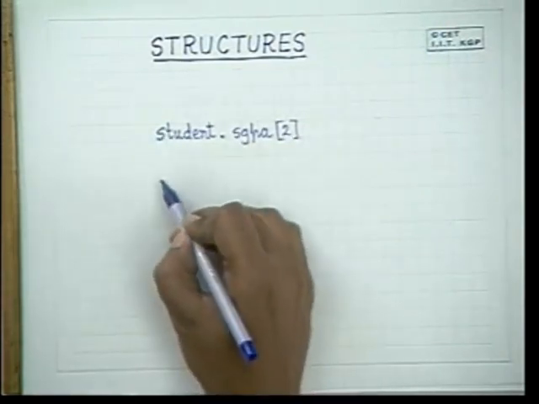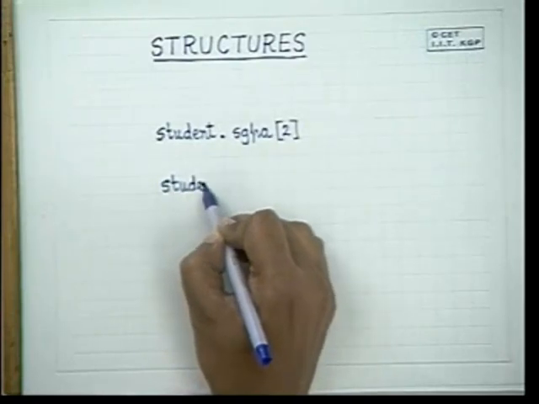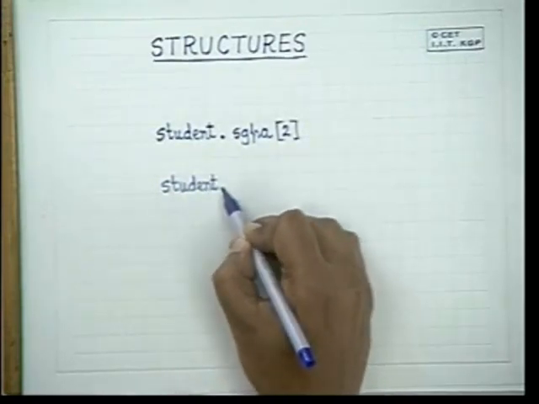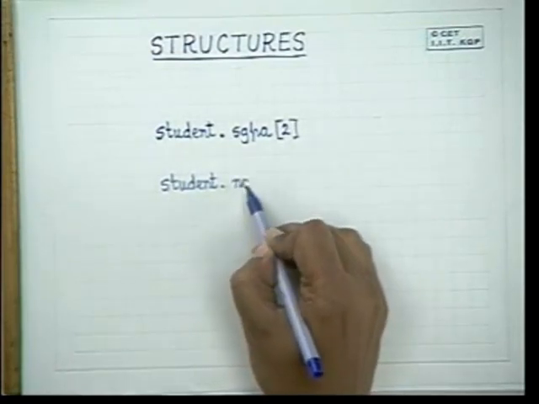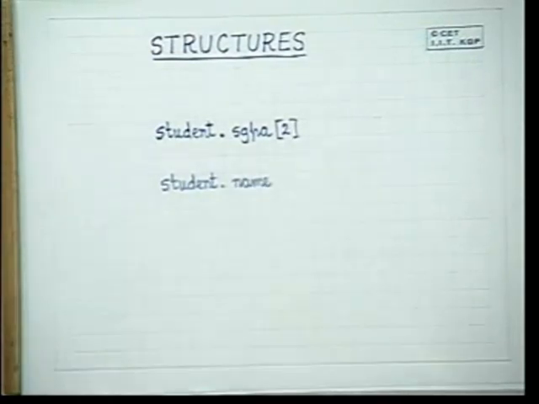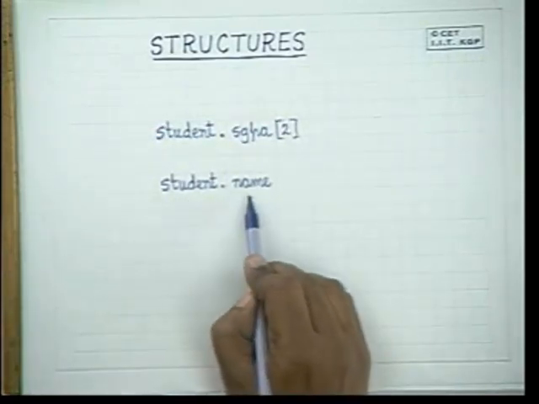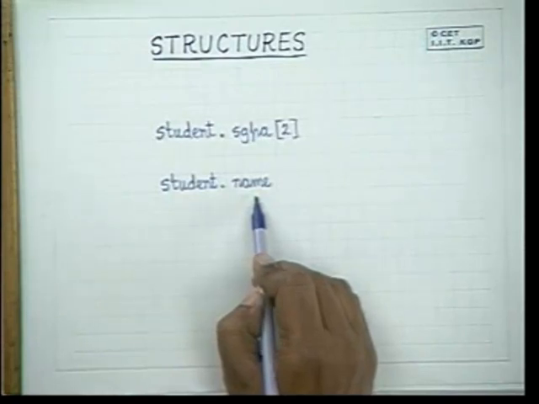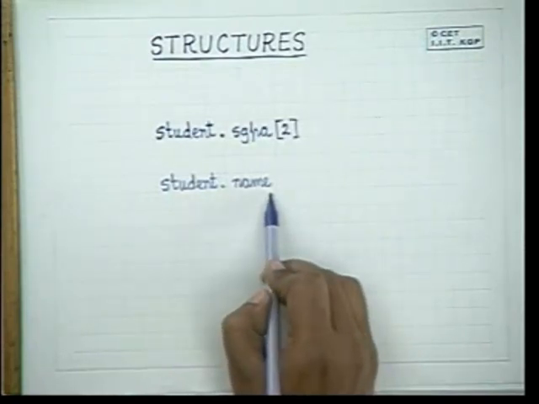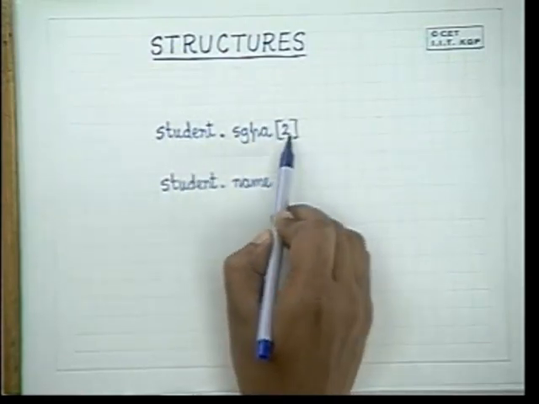If I want to access the name as a string, now this is an array, so student dot name will give me the pointer to the start of the array. This is the name of the array, so this will give me a pointer to the start of the array. Student.sgpa2 will finally lead to the element.